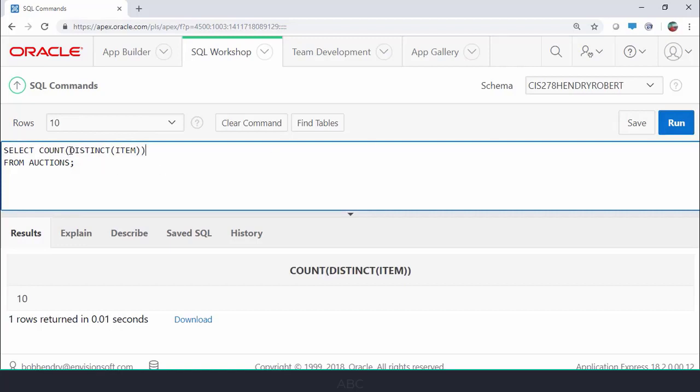So what this is saying is give me all my distinct items, like CD player, computer, pencil, printer, speaker, anything that's in there, and then count them for me. In this illustration, I'm showing you how you can combine aggregate functions with other functions to get the number of distinct items that we have in our auctions.